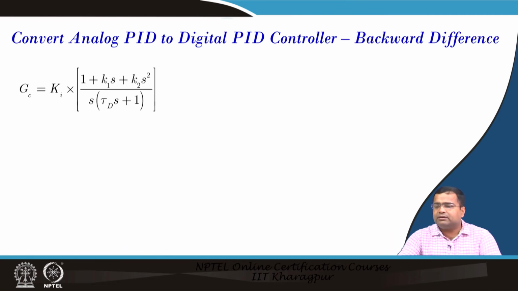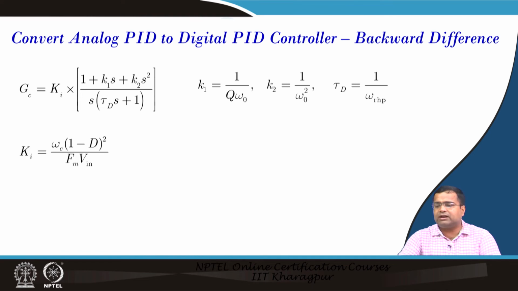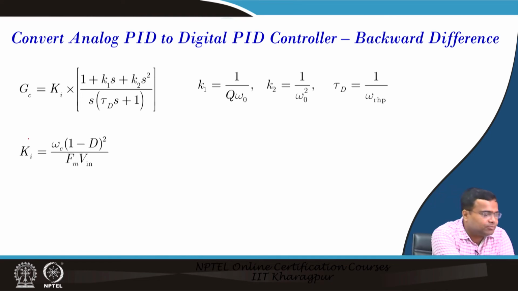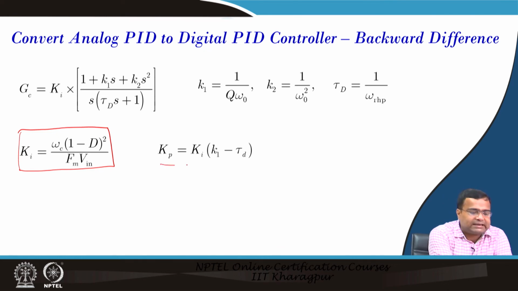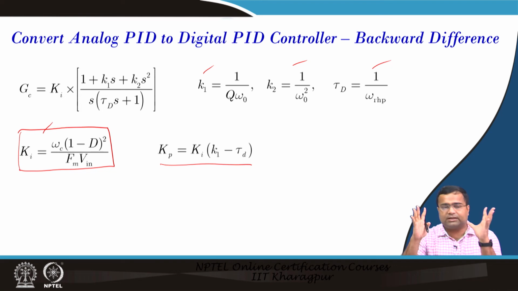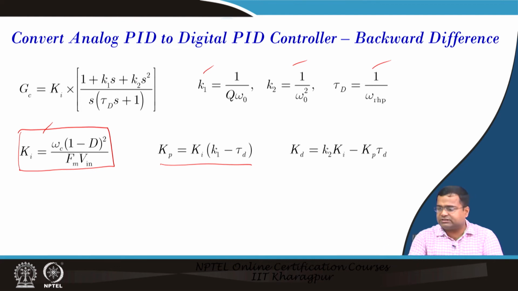That means this is the PID controller. We already got this expression of Ki by setting our crossover frequency to meet a certain desired phase margin. Then we can get Kp from this parameter. These are all 4 parameters and 4 equations.